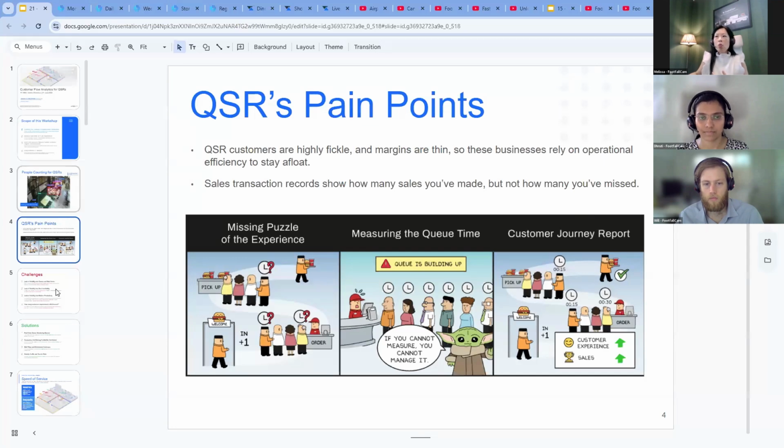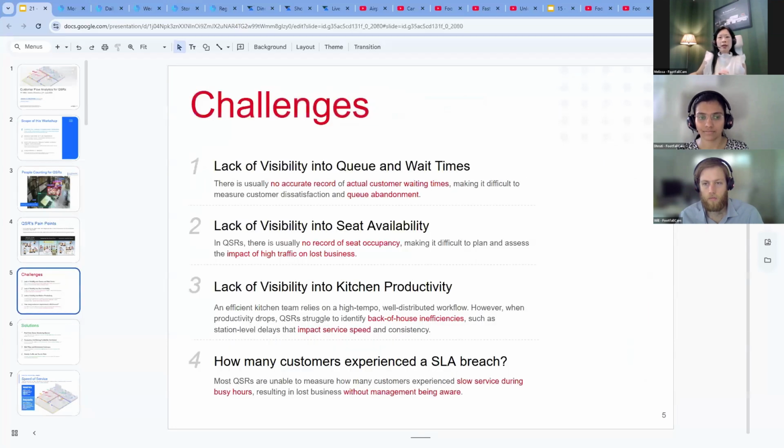So what are the challenges? We look a little bit more closely at the challenges for the QSR. The first one is lack of visibility into the queue build-up and waiting time. Without real-time queue monitoring, managers don't know when queues start forming and how long the customers are waiting.